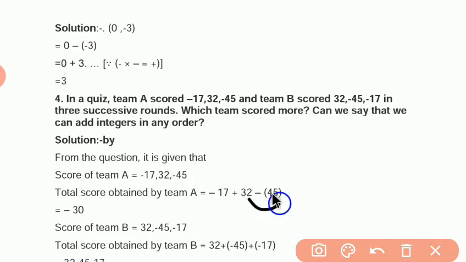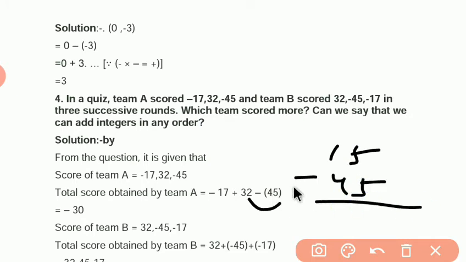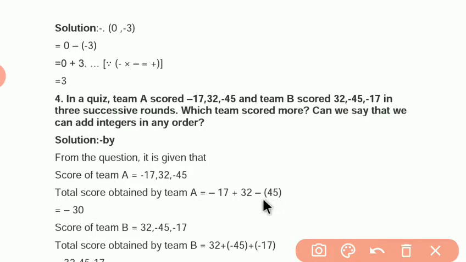Now 15 minus 45. Again plus minus minus means 45 minus 15, which is 30, but the sign will be minus because 45 is a greater number and its sign is minus. So the total score obtained by team A is -30.